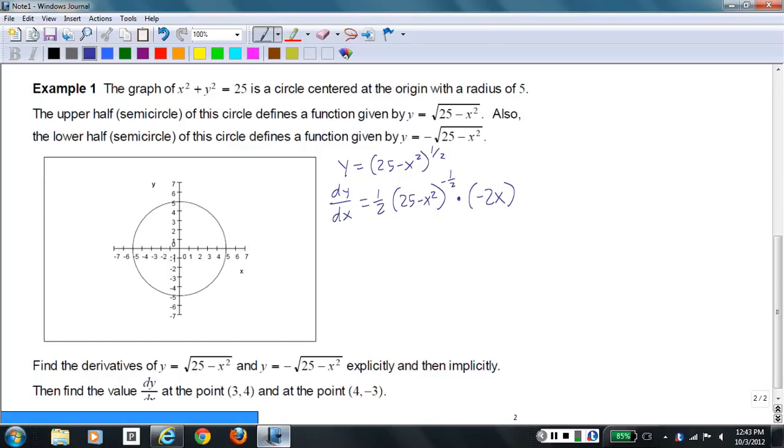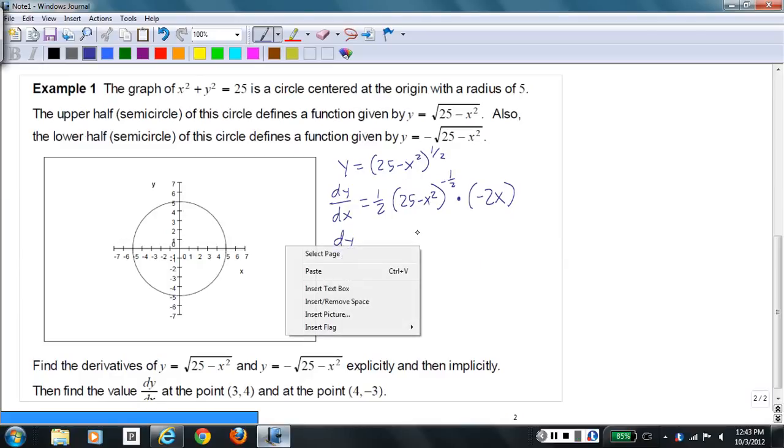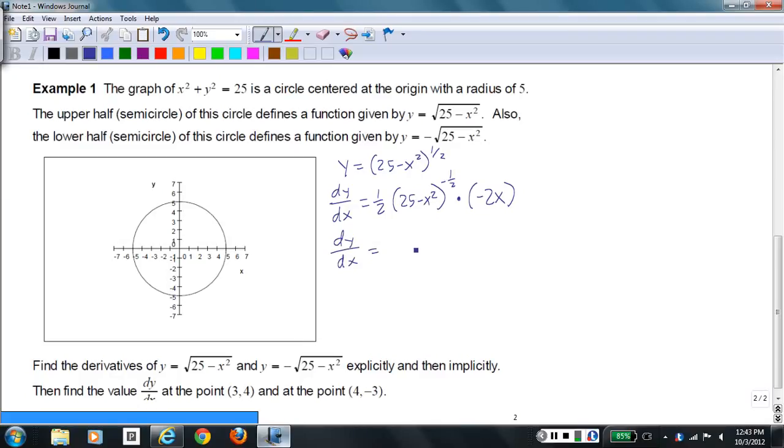And then we simplify. dy/dx equals 1/2 times... there must be a neat, clean way to do this. But I don't think writing the 1/2 there really helps.